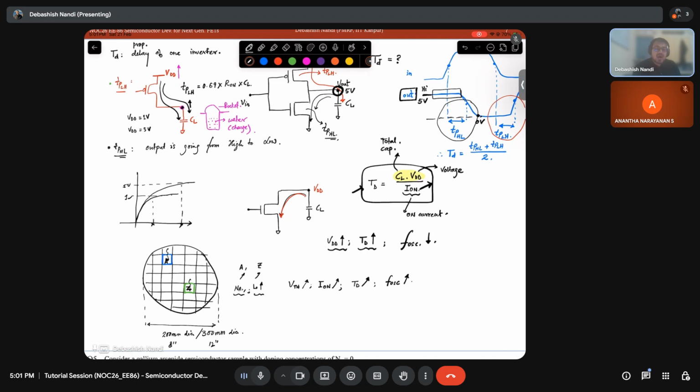So how much change in the ring oscillator frequency can give us an indicator of how much change in NA or L or this kind of parameters.